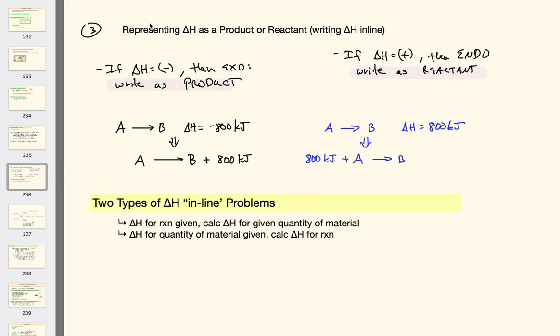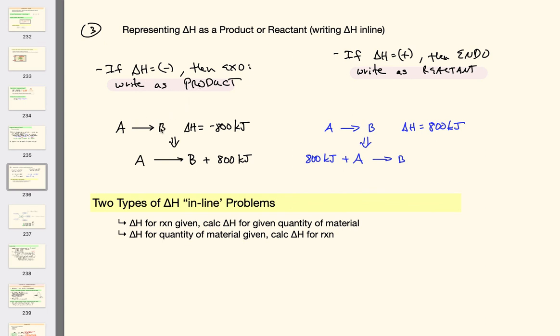Representing delta H as a product or reactant, and you already know this. I've taught you this. For example, let's go one more time. Let's talk a little bit of word speak and formula speak and picture speak. Okay, so delta H. If you see delta H is negative, or you see the word exothermic, then you want to write your heat as a product.